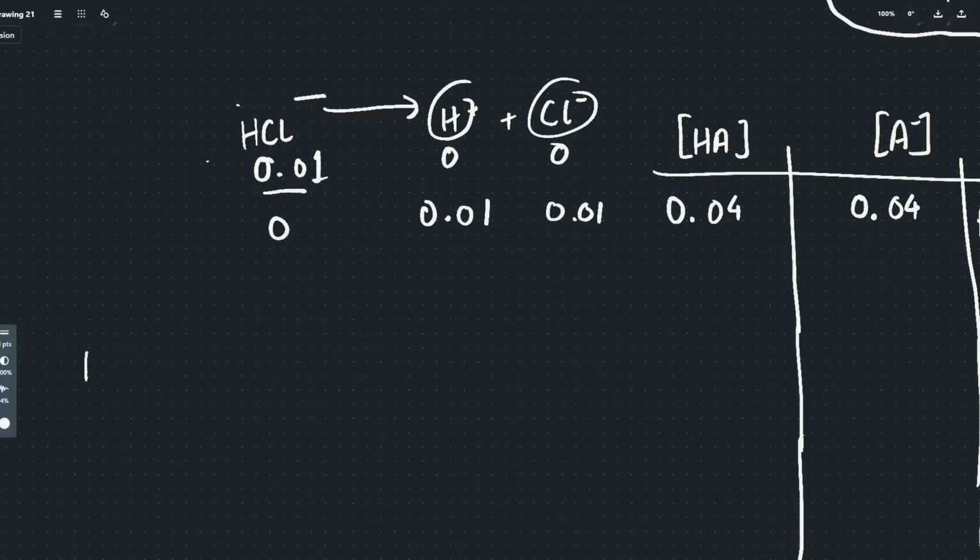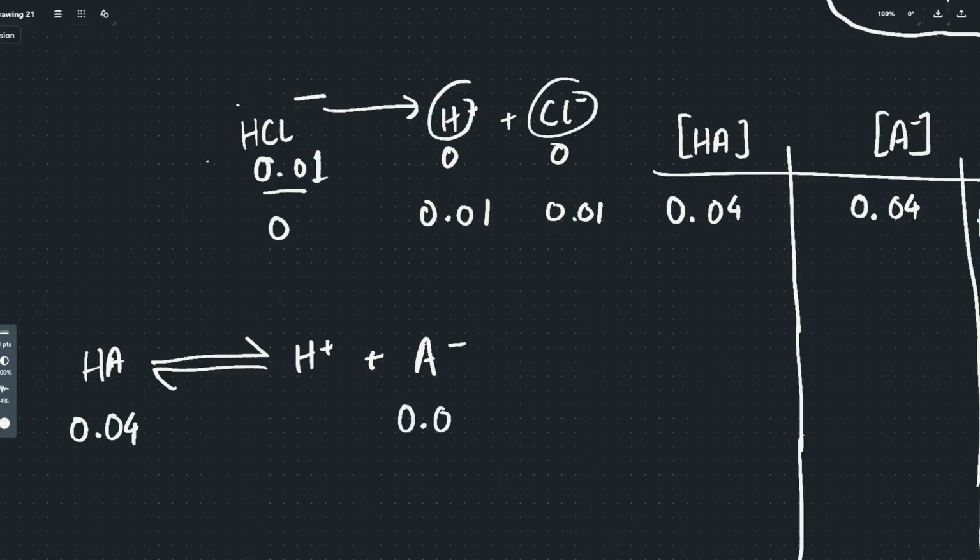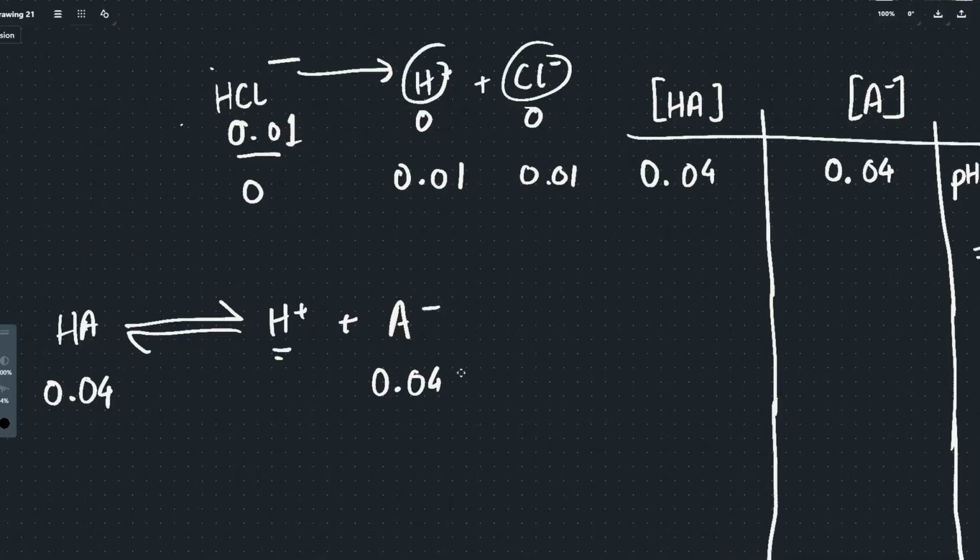Let me show you the equation again: HA, H positive plus A negative. Initially let's write 0.04 and 0.04. Let's ignore the value of this for now.